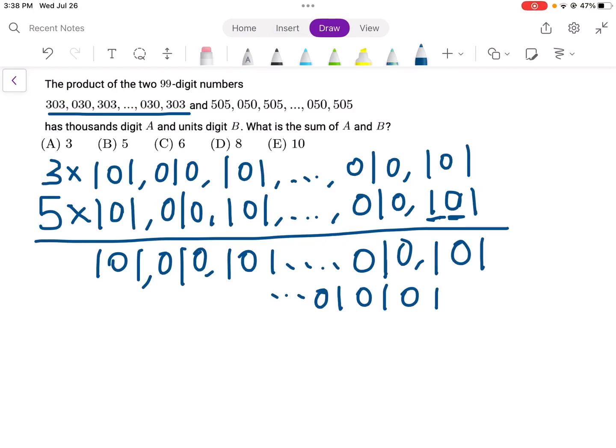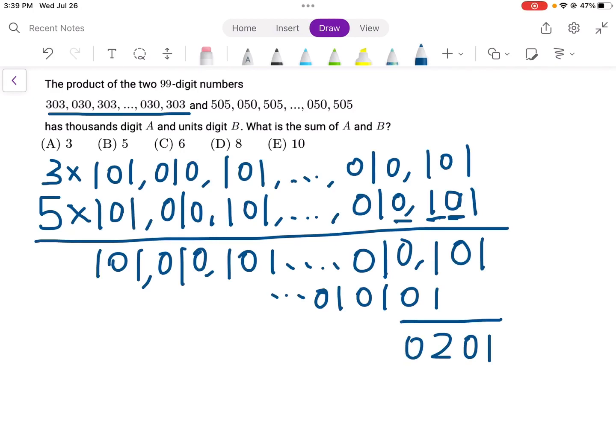And we don't need to pay attention to the other numbers because we only need to get the thousands. And then the fourth last number in this is 0 again, so we don't need to do the calculation. So the last 4 digits of the multiplication will be 1 0 2 0.